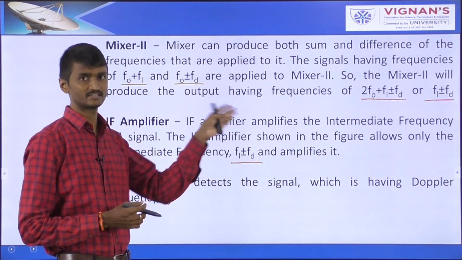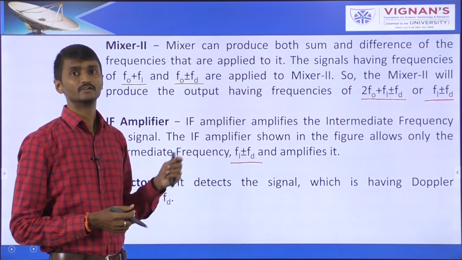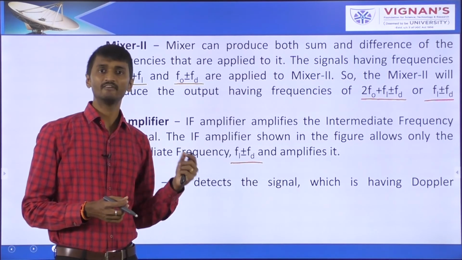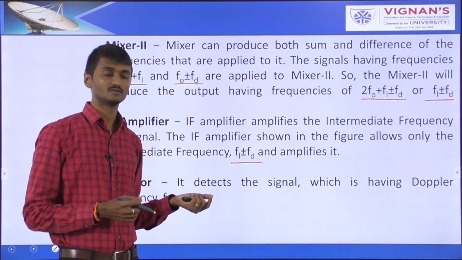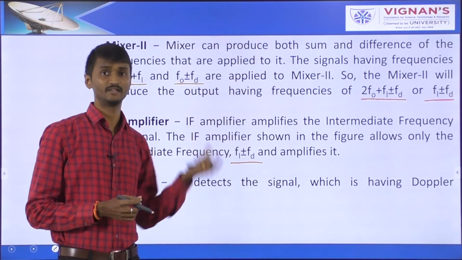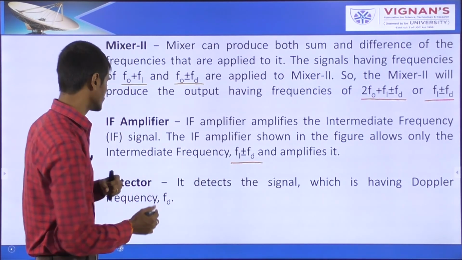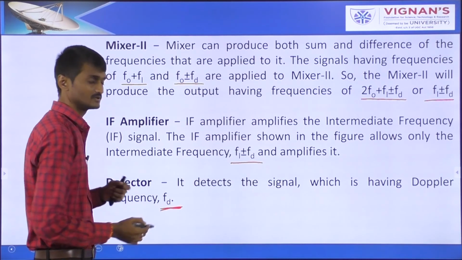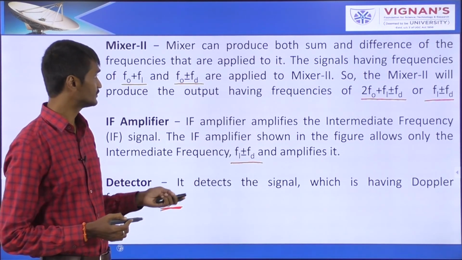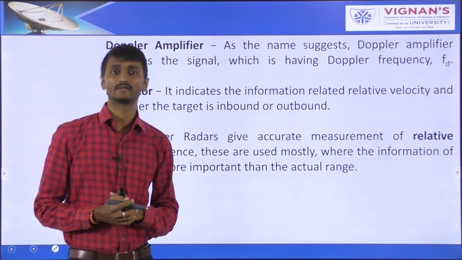Next section is the detector. It detects the signal having the Doppler frequency FD only. So the Doppler frequency is separated right here. Next is the Doppler amplifier.